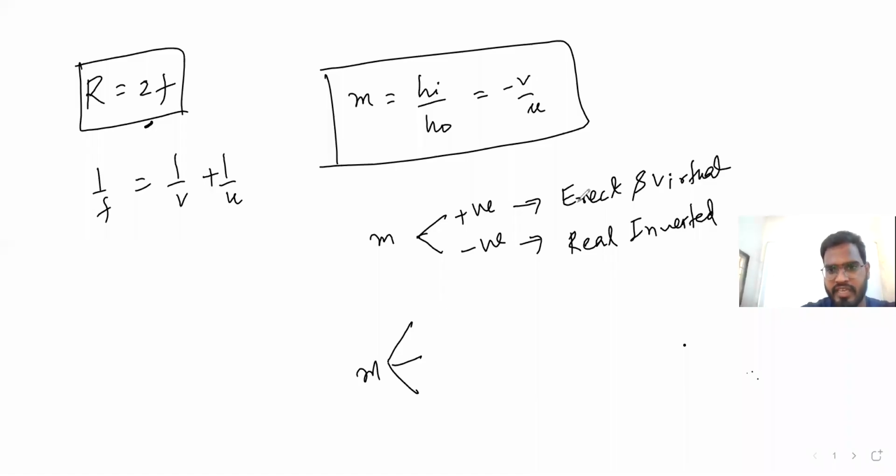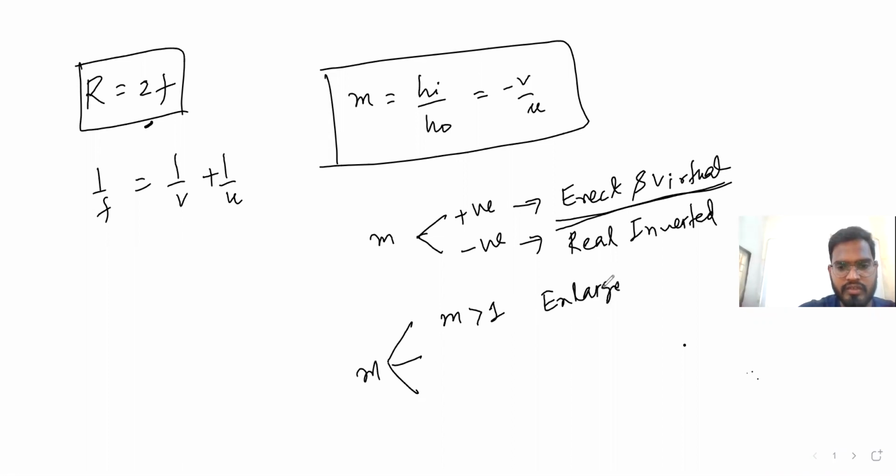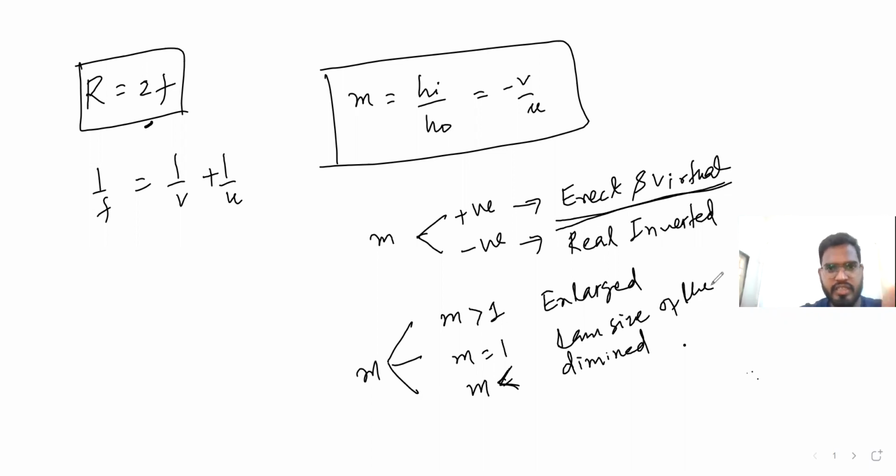If it is erect and virtual, magnification is greater than 1, and we can say it is enlarged. If magnification is less than 1, then it is real and inverted as well as diminished. If magnification is equal to 1, it is the same size as the object.